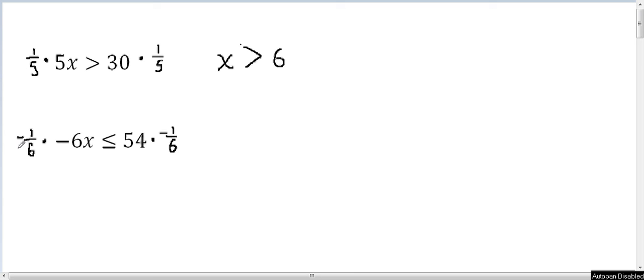Minus 1/6 multiplied by minus 6 is equal to 1, and 1 times x is equal to x. On the other side, 54 multiplied by minus 1/6 is equal to 54 divided by minus 6, which is equal to minus 9.